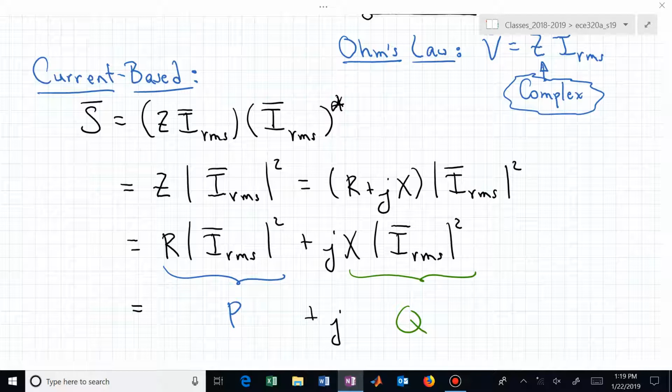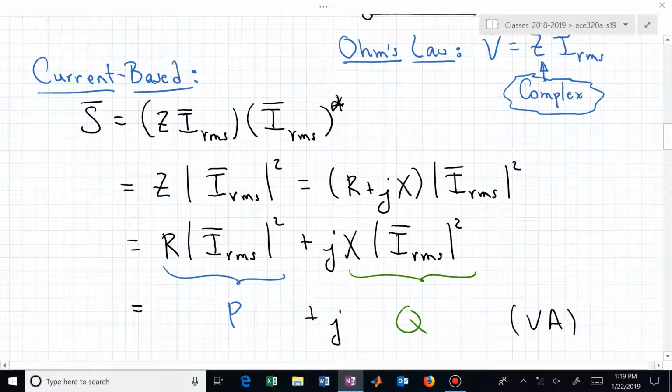You can look at the complex power as Z times the magnitude of I squared, or you could now factor Z into its orthogonal components of R plus jX, and now you can see that the complex power is P plus jQ with the appropriate relationships for P and Q. And as we know, the units on complex power are volt amperes.